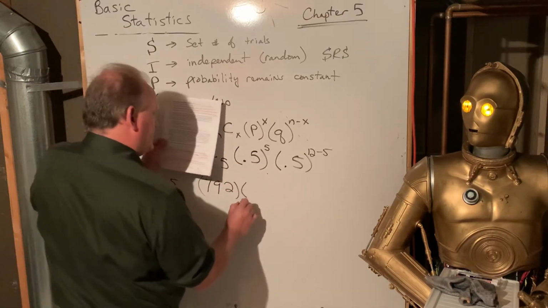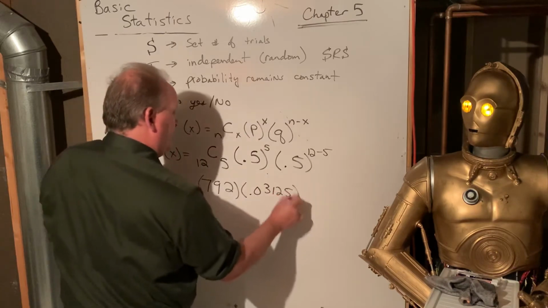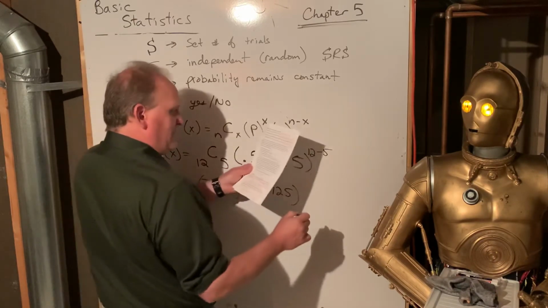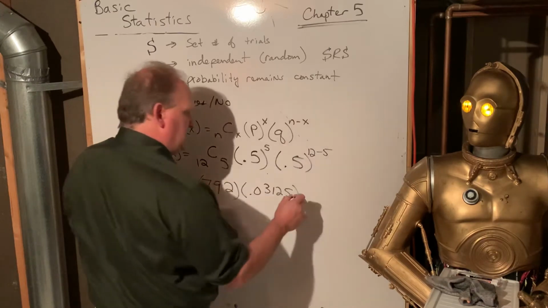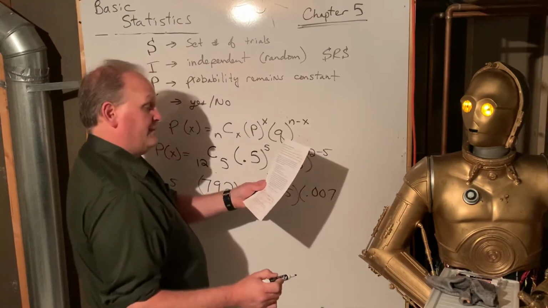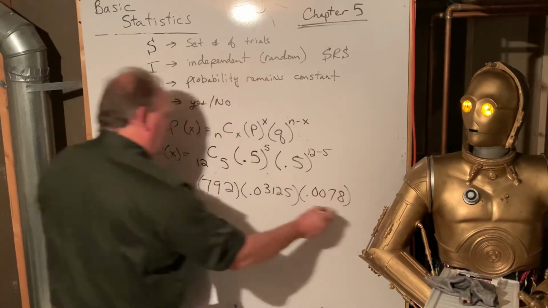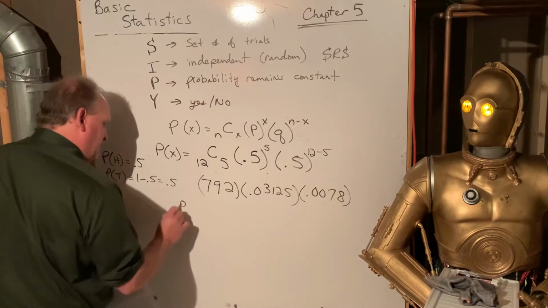And then this, 0.5 to the 5th power, is 0.03125. And 0.5 to the 7th power is 0.007. And then we multiply all that out, and that's our probability.